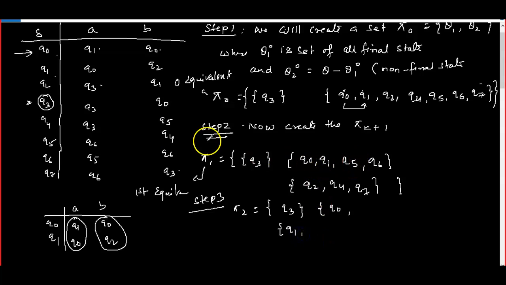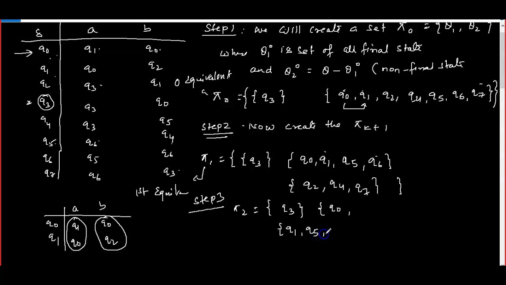Q0 and Q5, you check. This is Q1's Q6. Q1 and Q6 are in the same set, and Q4 and Q0: Q4 is in a different set, Q0 is in a different set. So Q5 will also be split.